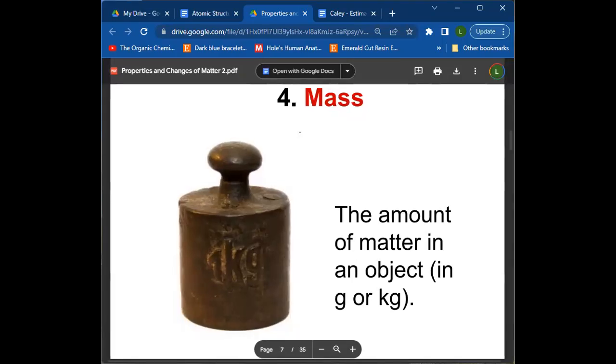And then mass is also a physical property. It's supposed to be the amount of matter in an object, and it's usually measured in grams or kilograms.